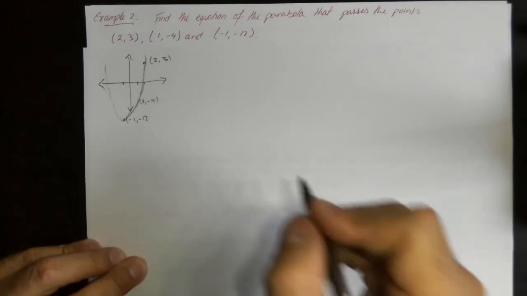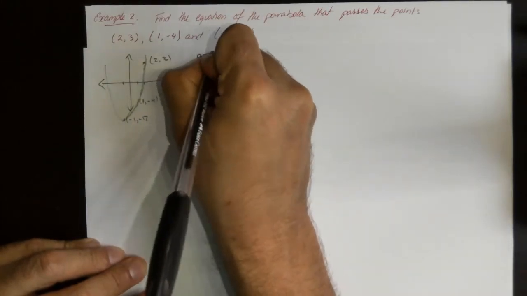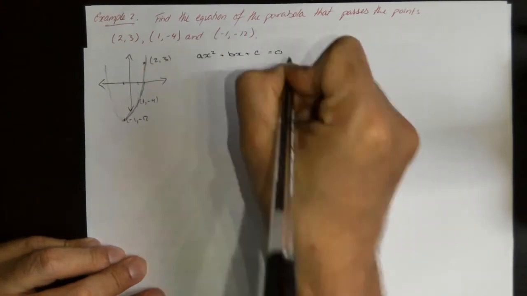So remember that we have the general formula of ax squared plus bx plus c equals 0.